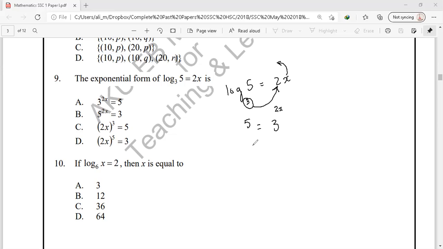So this is the correct representation of the exponential form of this logarithmic form. So for question number 9, the correct answer is option A.